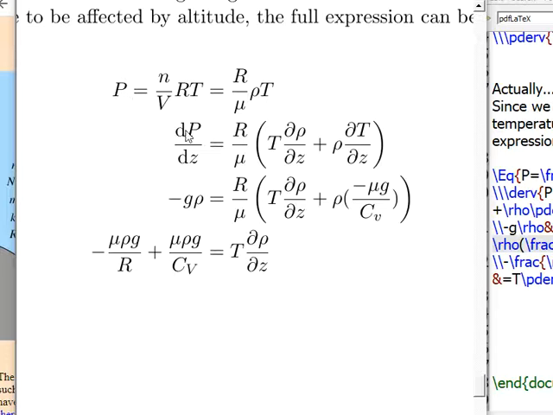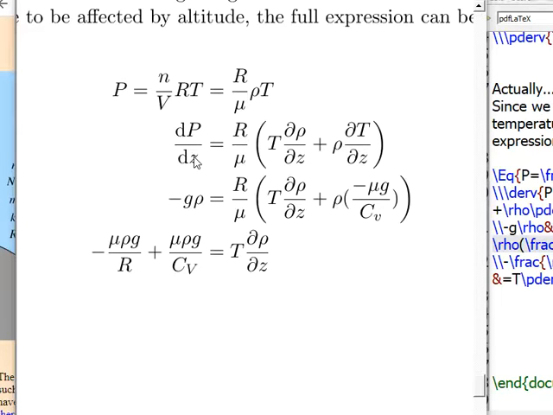When I took dp dz, well, I have p equals R over mu rho T. So when I take dp dz, I get R over mu, those are our constants, times T del rho del z plus rho del T del z. Del rho del z, we don't have anything for del rho del z, so I just left that alone. But we did have something for dp dz.